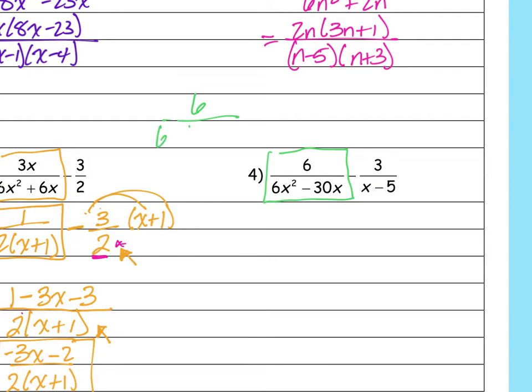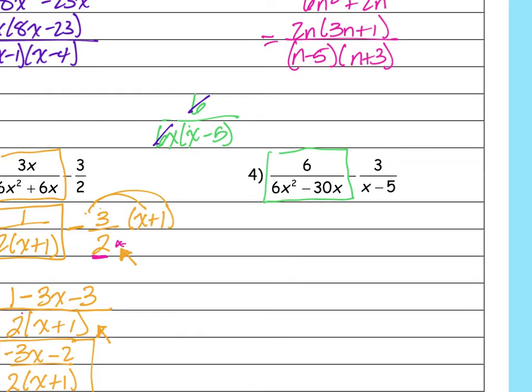I can factor a 6x out, and what do I get? x minus 5. Negative 30x, well, if I factor a 6x out of negative 30x, I get left with 5, right? Yeah. Okay. And then the 6's go away.